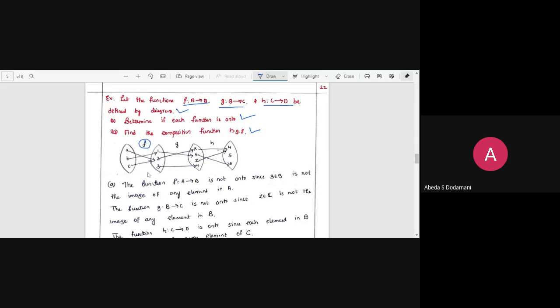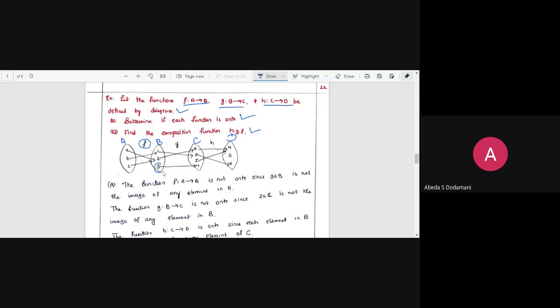from A to B. This is your A, this is your B, C, and D. Just check whether A to B is one-one and onto or not. They are asking about onto. A to B, guys, is it an onto function? Onto means all the elements of B must have pre-images here.